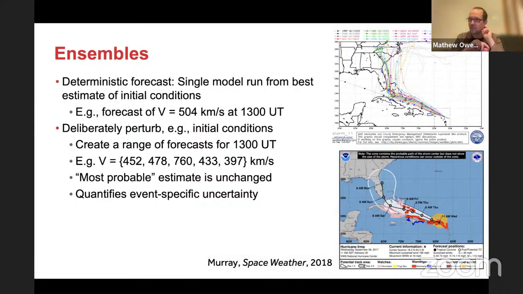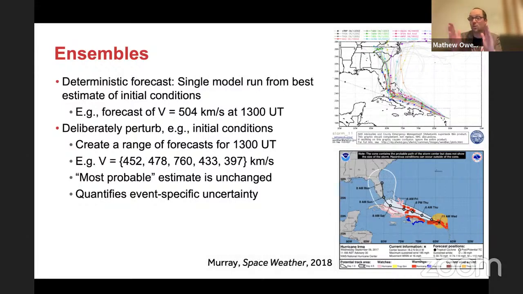Whereas the probabilistic approach that you get from ensemble forecasting is you say, well, okay, we determined that CME speed to be 750 kilometers a second, but let's say maybe it's 700, maybe it's 800. How much does that change our forecast? And you could run 1,000 different simulations with slightly different parameters. And quite often your best estimate will not change at all from your deterministic run, from your single run.